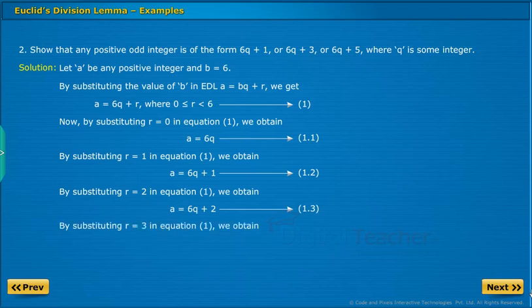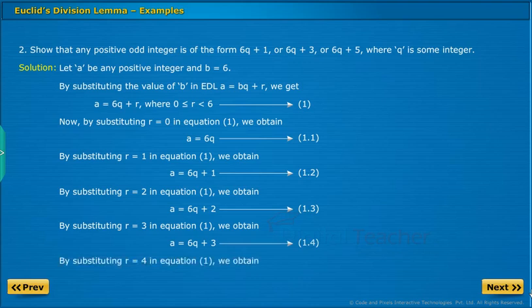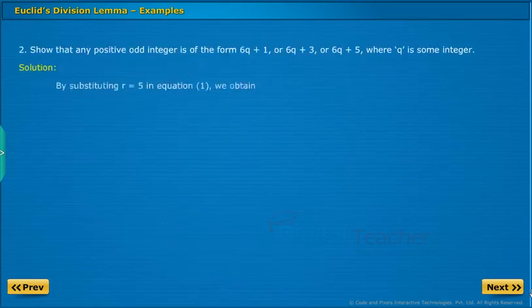By substituting r equal to 3, we obtain a equal to 6q plus 3. By substituting r equal to 4, we obtain a equal to 6q plus 4. By substituting r equal to 5, we obtain a equal to 6q plus 5.